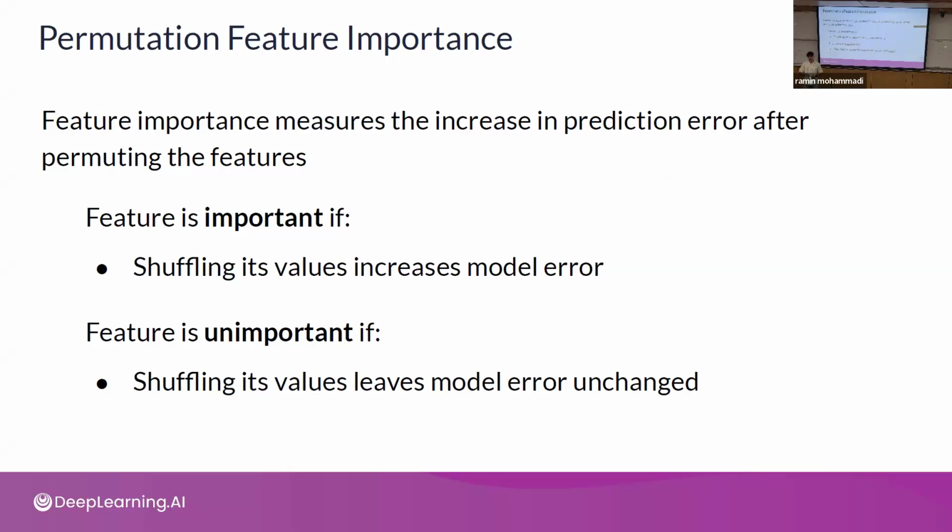If the error increases, that means that column is pretty strong, and your model needs that column to always be there. If the error doesn't change much with that permutation or randomness, then it's not an important column. That's permutation feature importance. It's an easy way to see which columns are more important: just randomly shuffle the values one at a time and see the impact on the error or the accuracy.